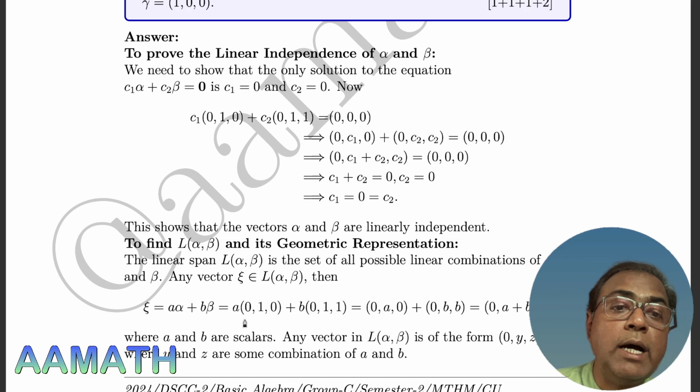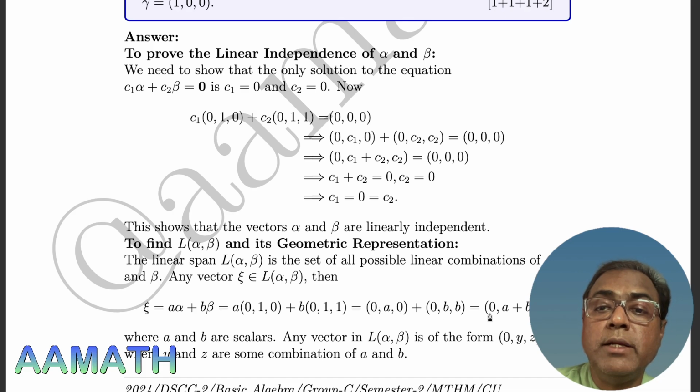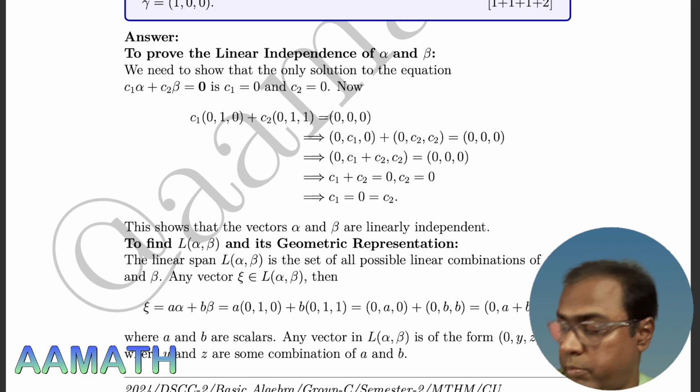That is, A times (0, 1, 0) plus B times (0, 1, 1). So we can write (0, A plus B, B), where A and B are scalars. Any vector in the linear span of alpha beta is of the form (0, y, z), where y equals A plus B and z equals B.